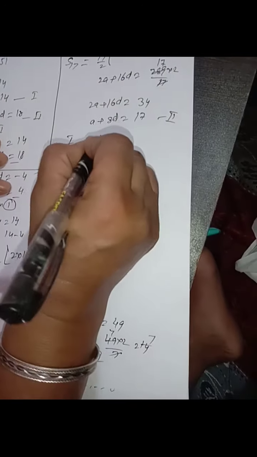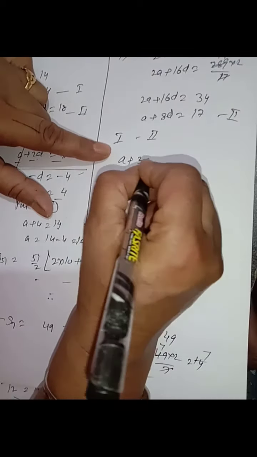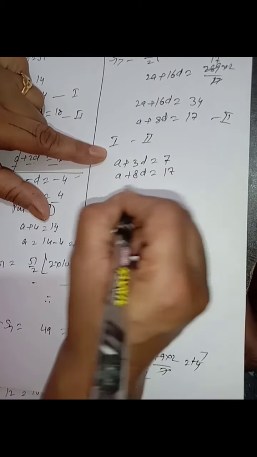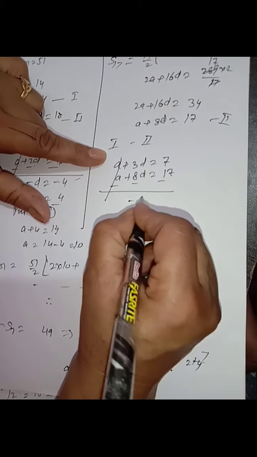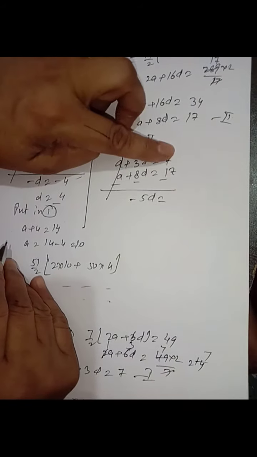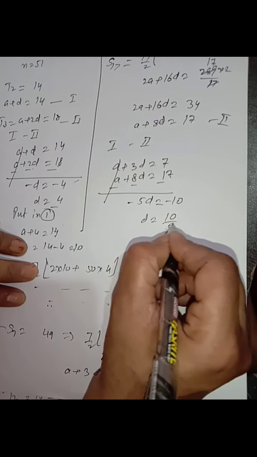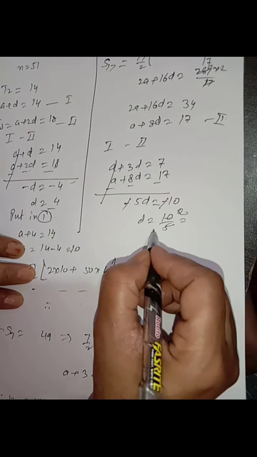Now subtract equation 2 from 1: a plus 3d is 7, a plus 8d is 17. Change the signs, a cancels, minus 5d is 7 minus 17, which is minus 10. So d is 10 over 5, minus minus cancels, 5 twos are 10.